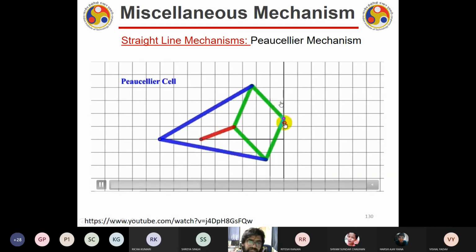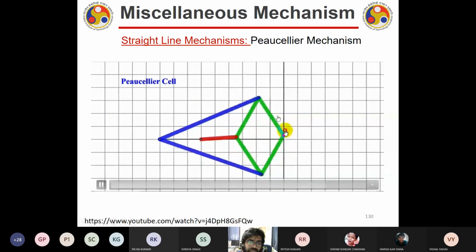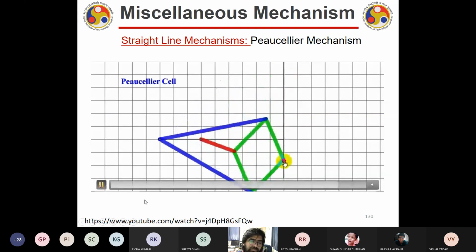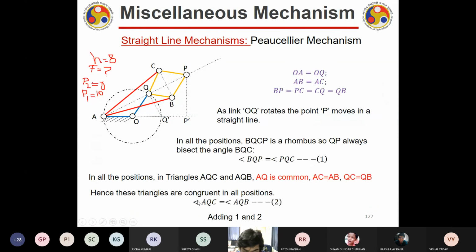Correct? These mechanisms are very, very important, let me tell you. And it moves absolutely in a perfect straight line. So what I need to prove, somehow by geometrically looking into the mechanism, is that the distance between A and P dash, which is nothing but the projection of this point P at a time t, is always a constant.